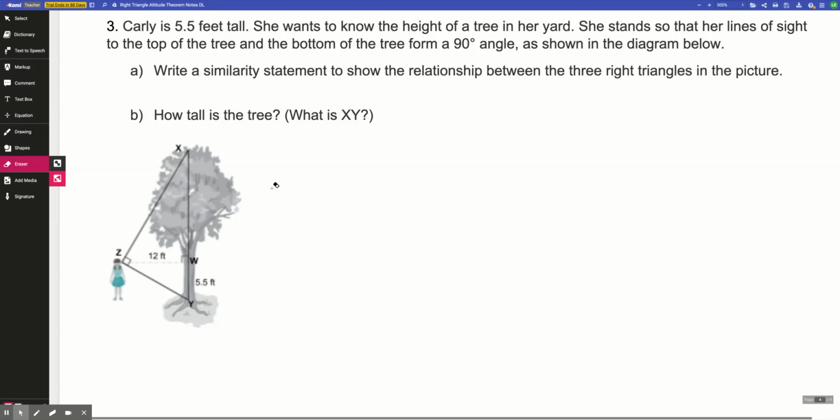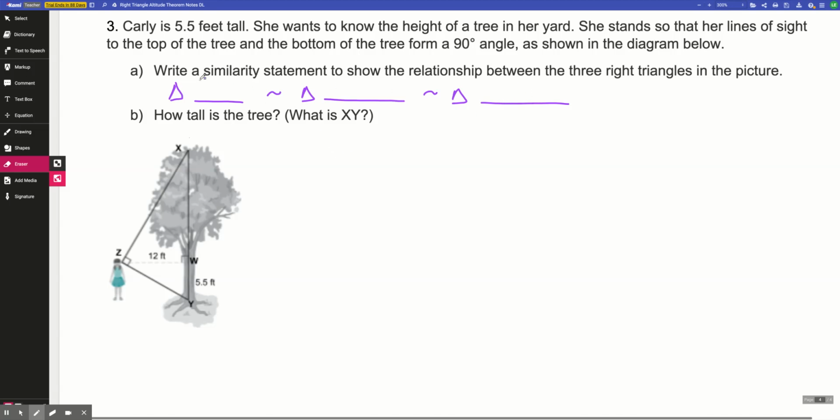The first thing it wants you to do is write a similarity statement. So remember, that's when you write triangle blank is similar to triangle blank is similar to triangle blank, where these are the small, medium, and large triangles.